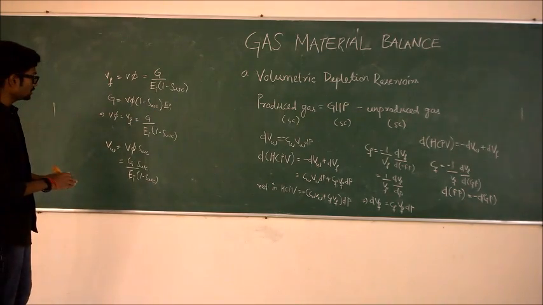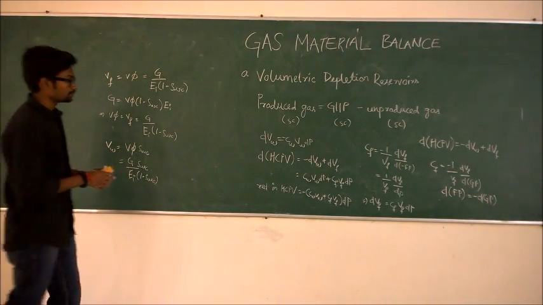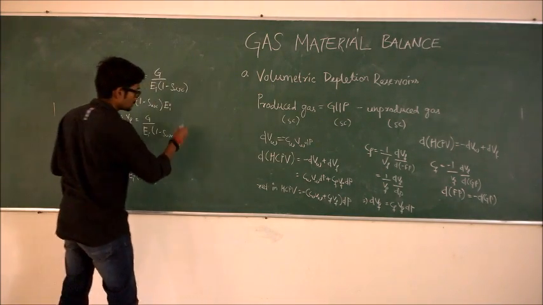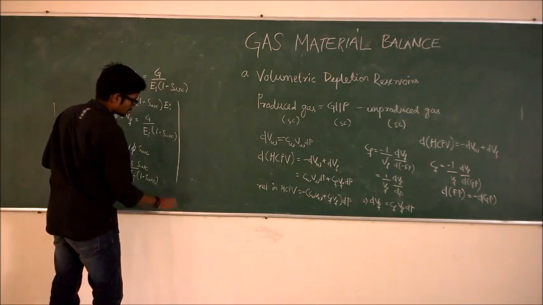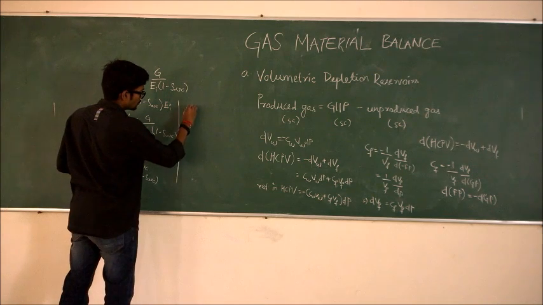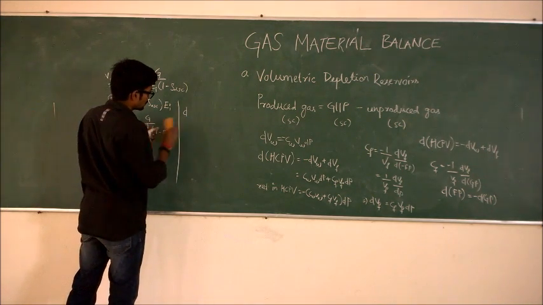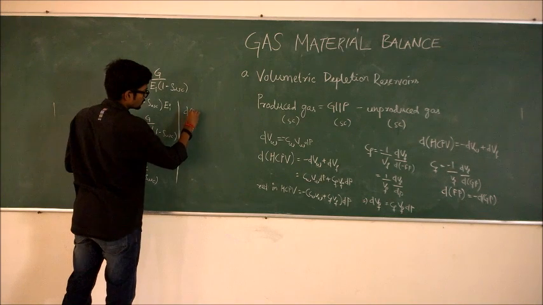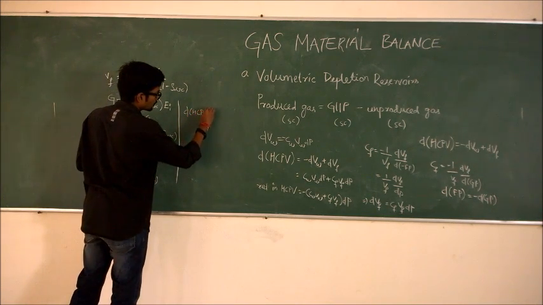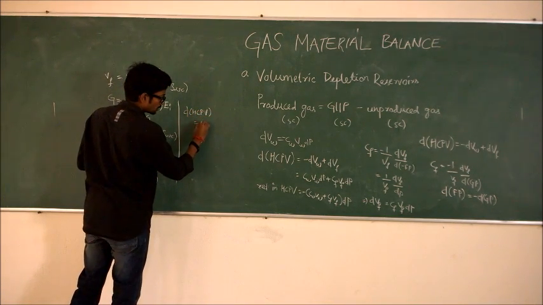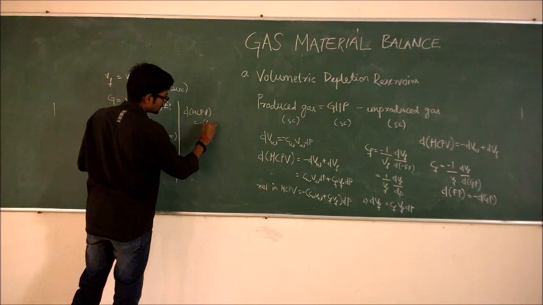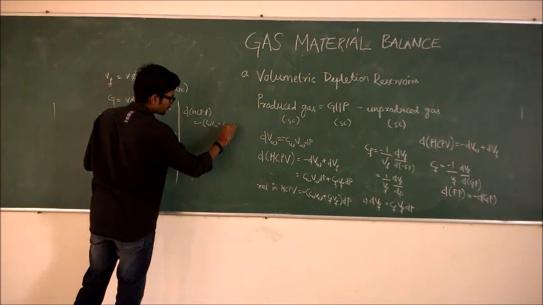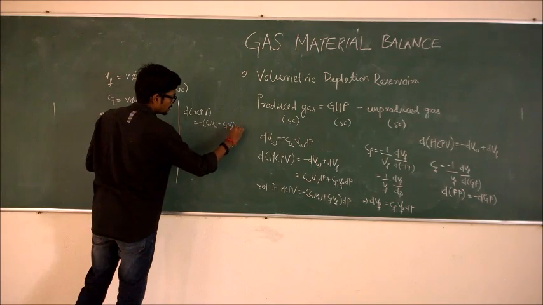So now substituting these results in this equation. Reduction in hydrocarbon pore volume is equal to minus of CW VW plus CF Vp into dP.